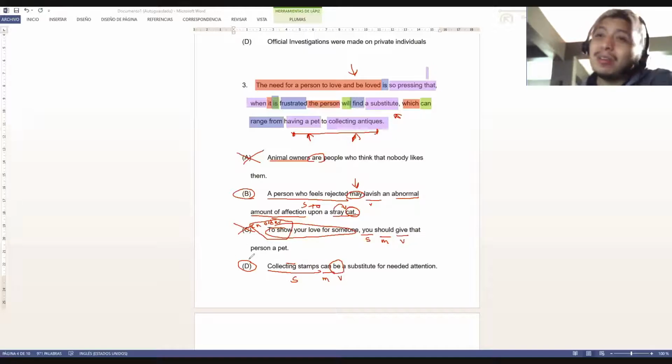And we can also infer that collecting stamps can be, again, it says can, it's possible, sorry. It doesn't mean that this is just a fact. It doesn't say this is a substitute, not necessarily. You never say this for sure. It's just a possibility. They are telling you there is a possibility, and that's it, okay? I hope it makes sense.